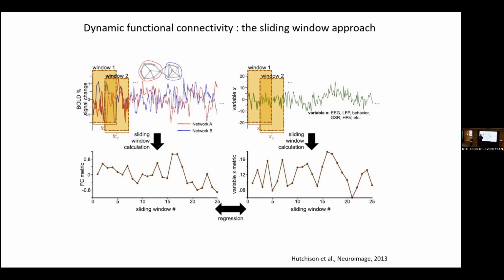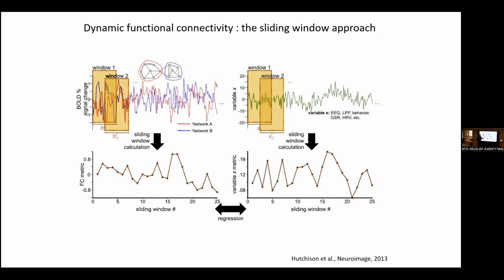If you have people lying in the scanner, you're often interested in some kind of behavior or some other measure of their state of mind. It could be the galvanic skin response, it could be heart rate variability and so on. Use the same procedure on that signal, and you end up with a downsampled plot of this variable over time.